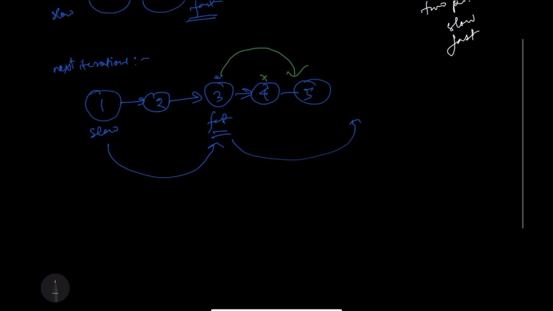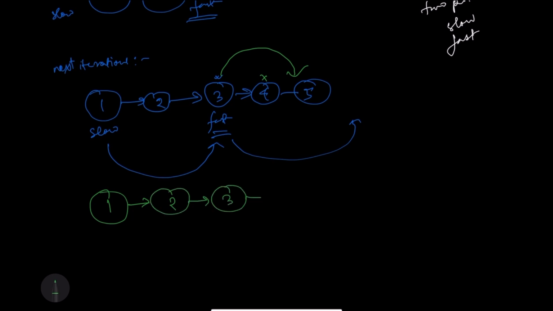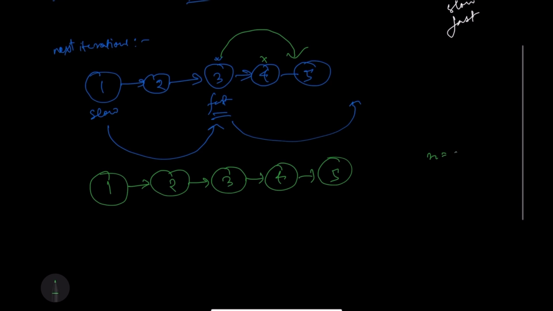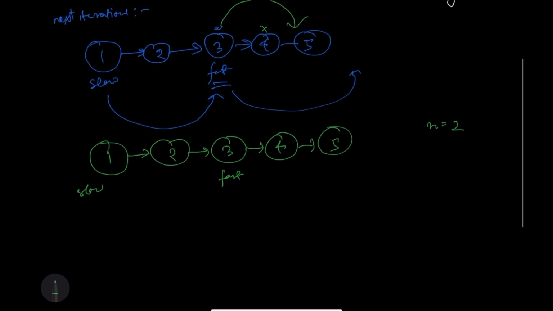So let's try to understand this. For example, let me iterate. So 1, here it will be 2, here 3, then 4, then 5. So for example here n is 2, so our fast will be here, our slow would be here. We will be first iterating the fast to the nth position. So we have done that.